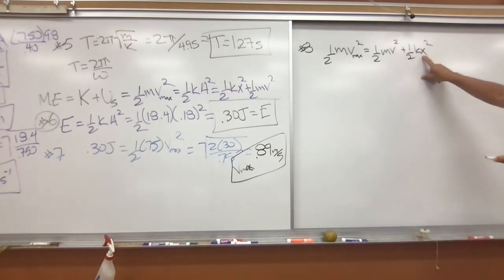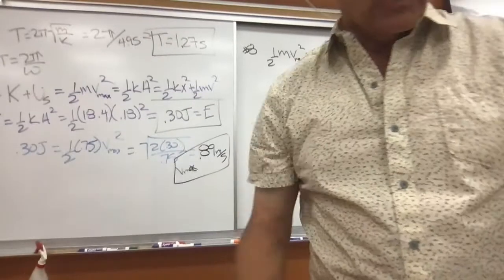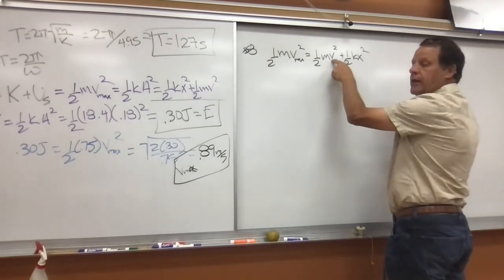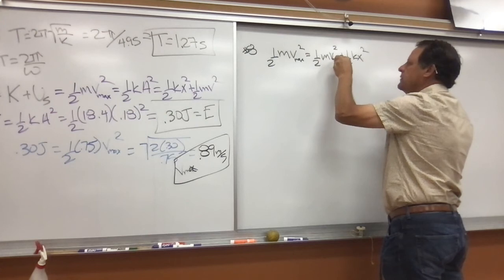You guys, what we're doing is we are looking for that x. We want the location, okay? And we also know that this velocity right here is half of the v max.